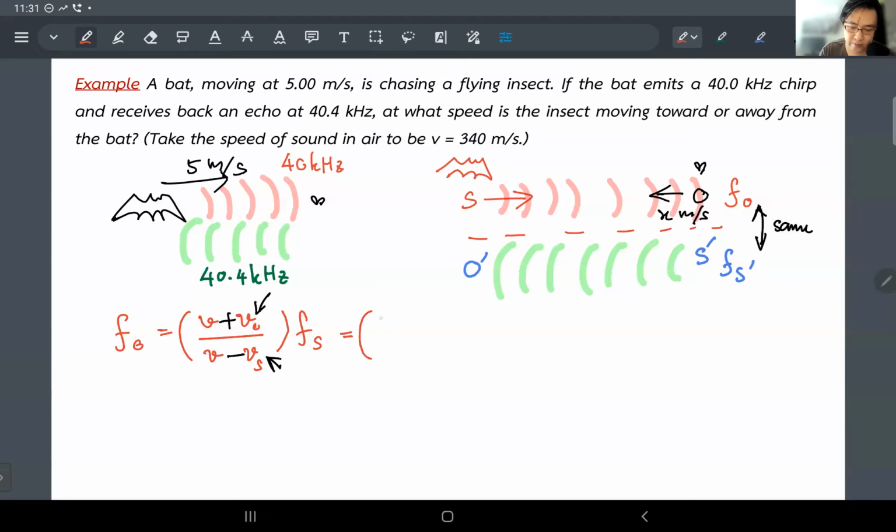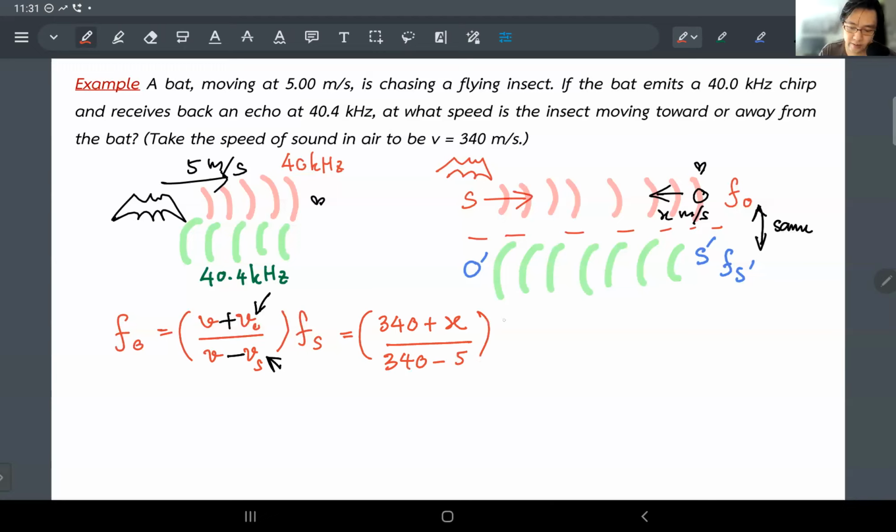Okay, velocity of sound 340. Speed of observer has to be x. You guys with me? Because now in the first half, the observer is the insect. Underneath, 340 minus the speed of the bat, and it's 5 meters per second.